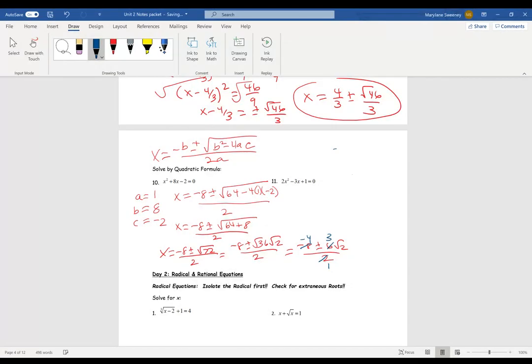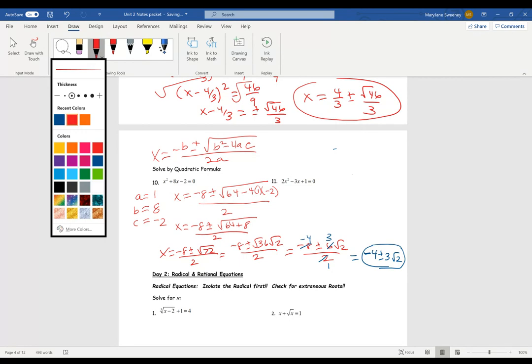So you have to take the 2 out of every integer. So you get negative 4 plus or minus 3 radical 2 over 1. You do not have to write the 1 because dividing by 1 gives you the same number back again. So that's more simplified, the way I wrote the answer.